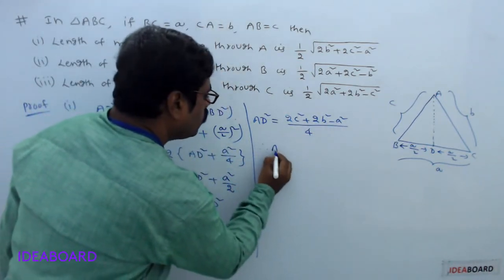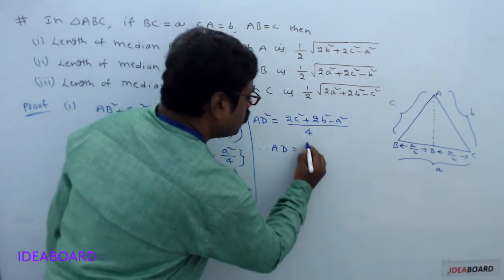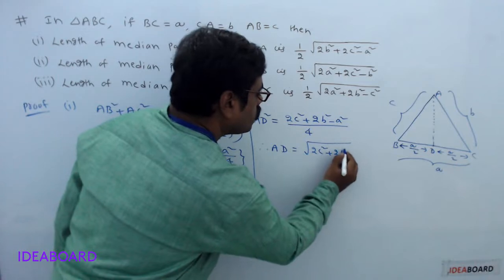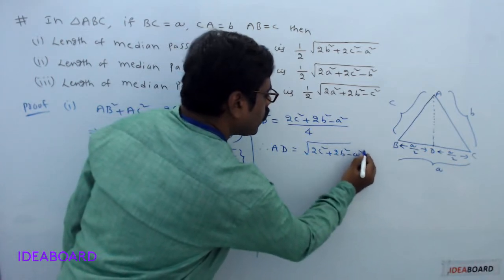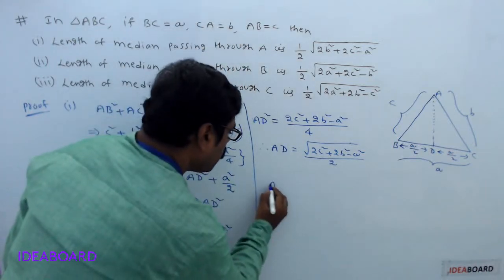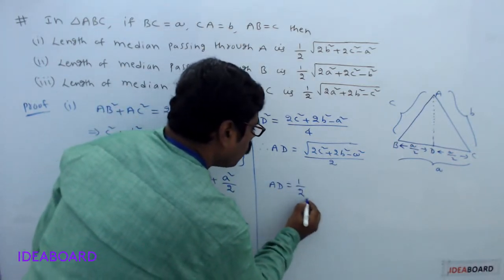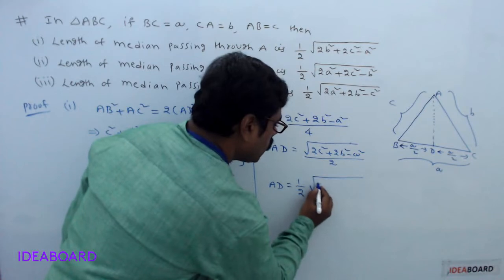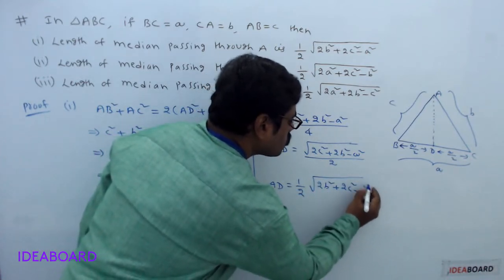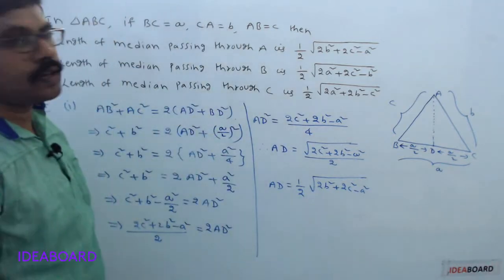Therefore AD equals square root of 2c square plus 2b square minus a square divided by 2. So AD equals 1 by 2 into square root of 2b square plus 2c square minus a square.